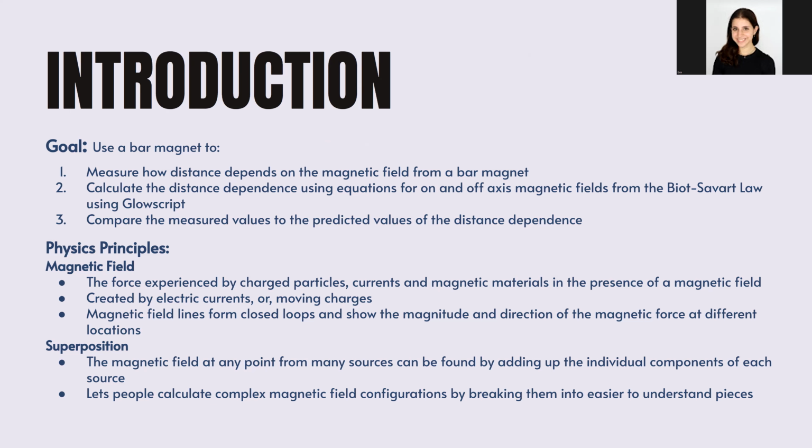Another concept that is important for this lab is superposition, which is that the magnetic field at any point can be found by adding up smaller pieces. And this can be used to calculate difficult to understand magnetic field configurations because they're broken up into simpler parts.